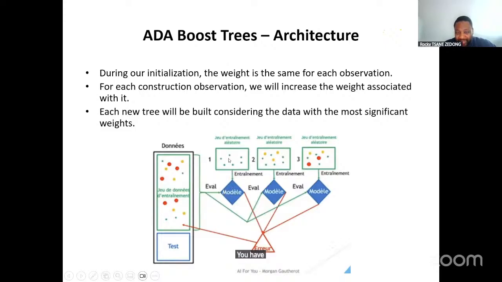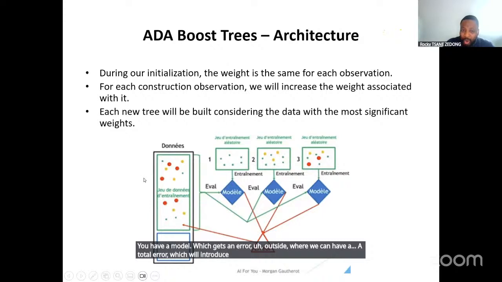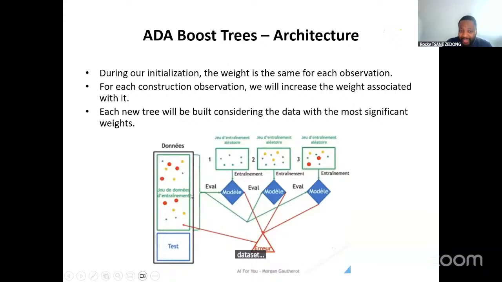You have a model which gets an error, a total error, which will be introduced to the whole data set, and this new data set will generate another model and generate another error, which will be introduced to the new training data set, and so on and so on.